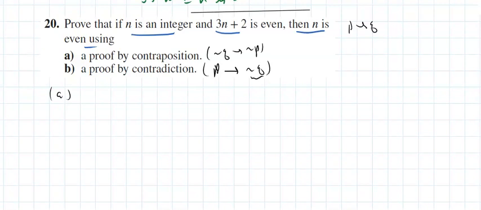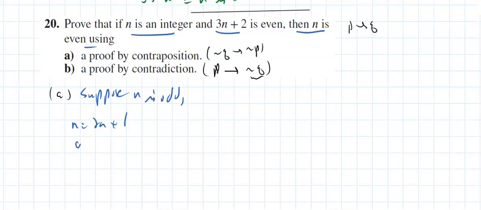If n is odd, the complement, suppose n is odd, then n can be written as 2a plus 1.